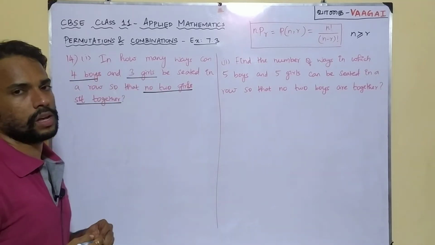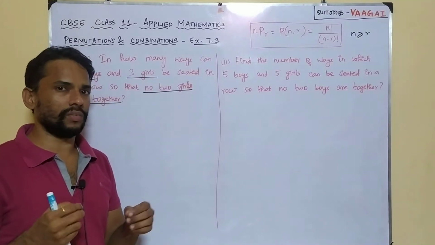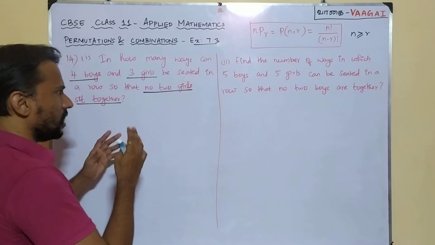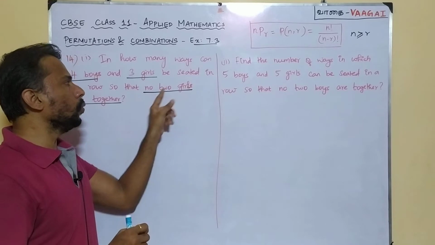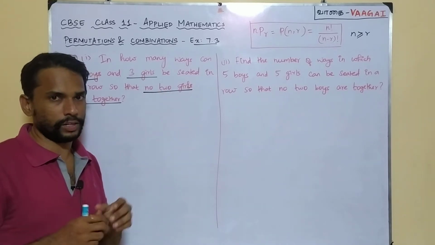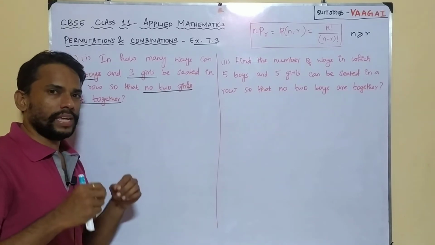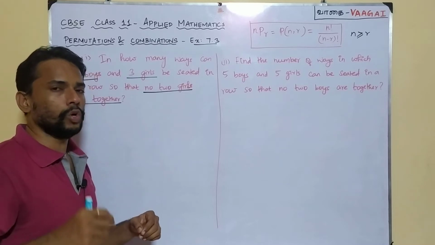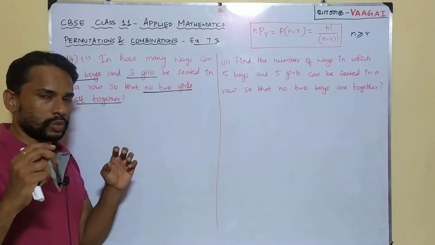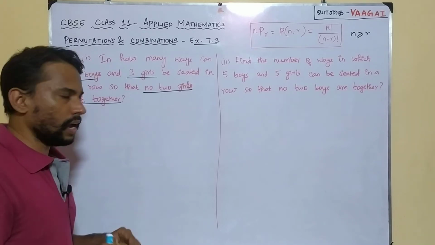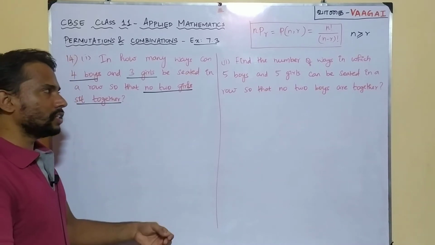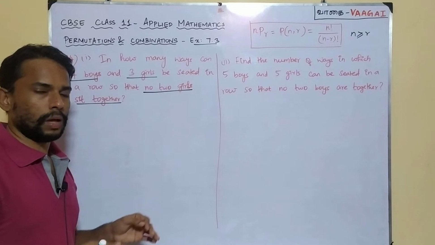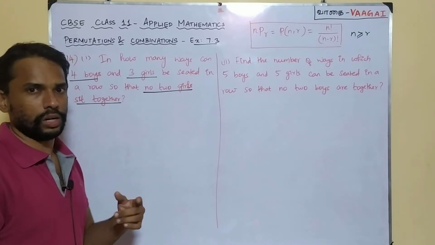Now how to handle this kind of question: listen very carefully and see the condition. They are specifying that no two girls are together. So let us work it a bit technically. We will first arrange the boys, then we will go to the girls arrangement.